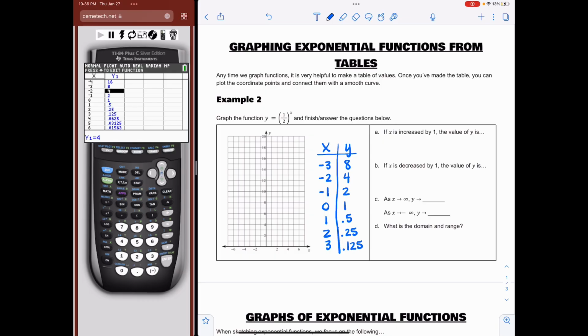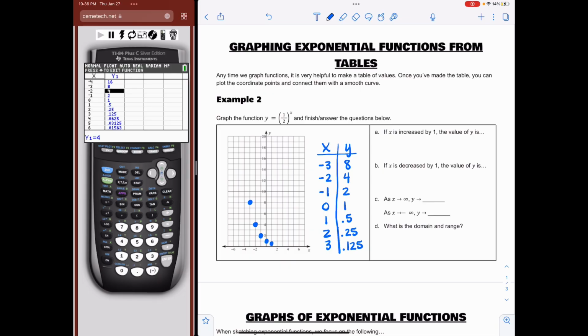So now we can plot the points. So I'm going to negative 3, 8, negative 2, 4, negative 1, 2, 0, 1, 1, and then 0.5.